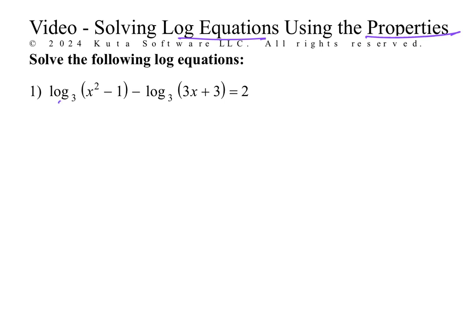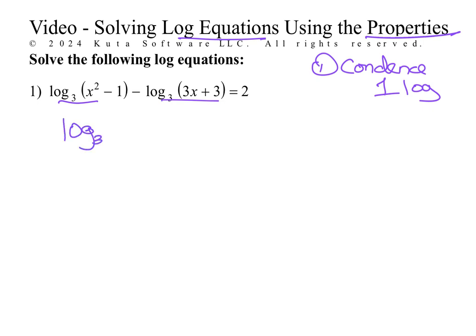So here we have two weird things, so we want to put them together or condense them, so that there's one log. Since they're combined with subtraction, we're going to divide. So it's x squared minus 1 on the top, over 3x plus 3, equals 2.